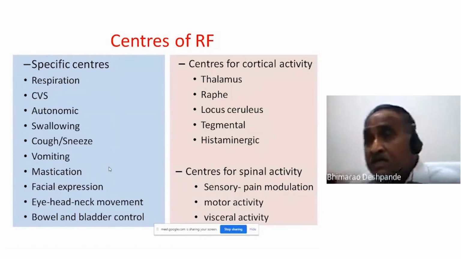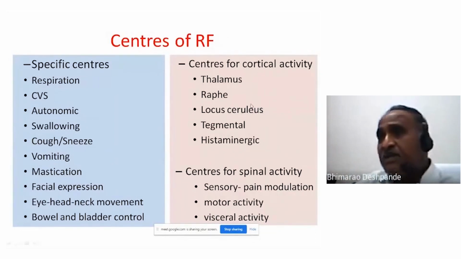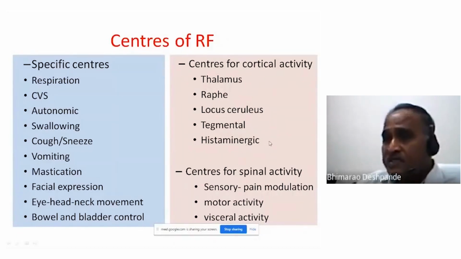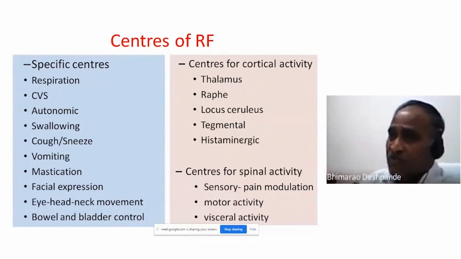Then the locus coeruleus is a noradrenergic center in the upper pontomedullary area, and it governs the noradrenergic neurons. The tegmental nuclei have cholinergic neurons, and again we have histaminergic neurons. We will see each one of them as I go further.